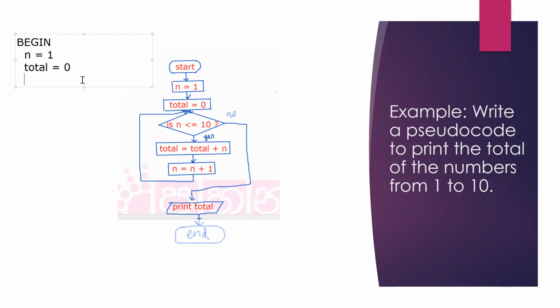Then we have while loop. We have to say while n less than or equal to 10. If that is the case, within the loop, we have to say total equals total plus n.